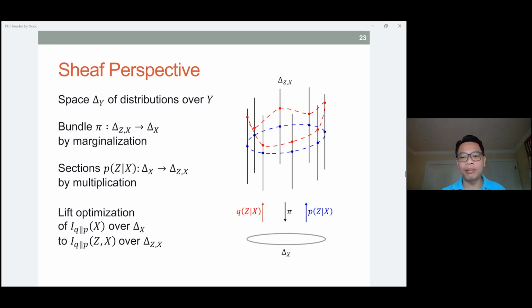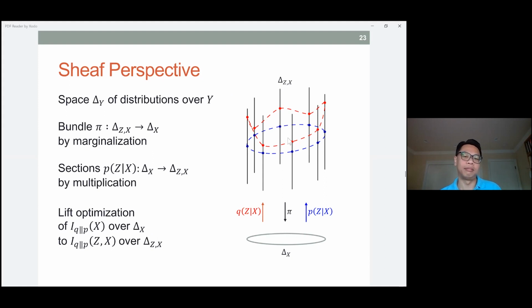And so when I do variational inference, I'm changing my optimization problem from over the base space to an optimization problem over the total space. This is a very common strategy in math where you cannot solve a specific special case. What you do is you generalize that and then you project it back to your special case.